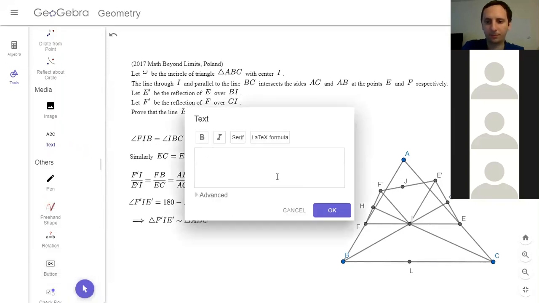So we have IF prime over AB is equal to BF over AB, which is equal to R over the distance from A to BC.